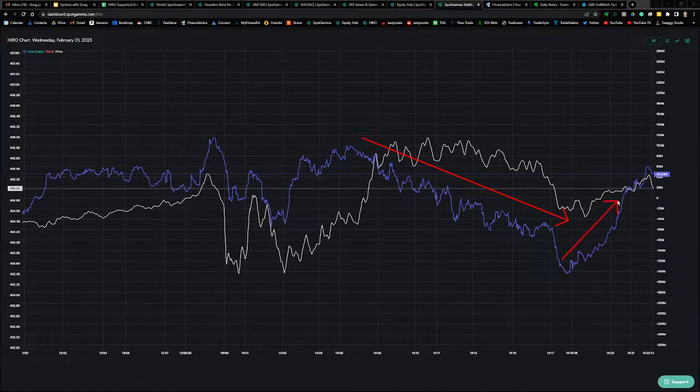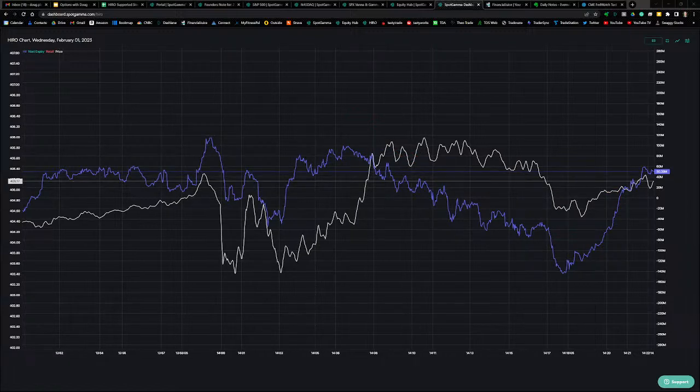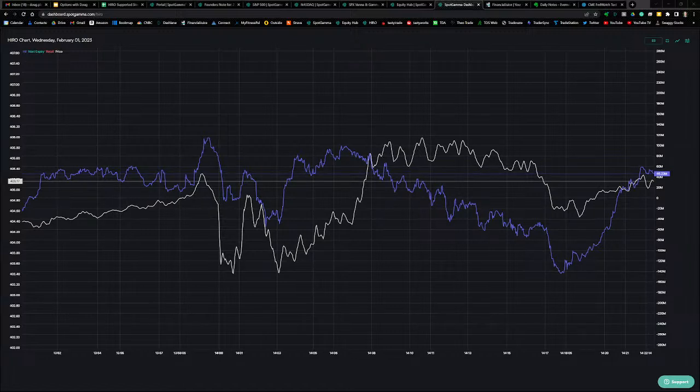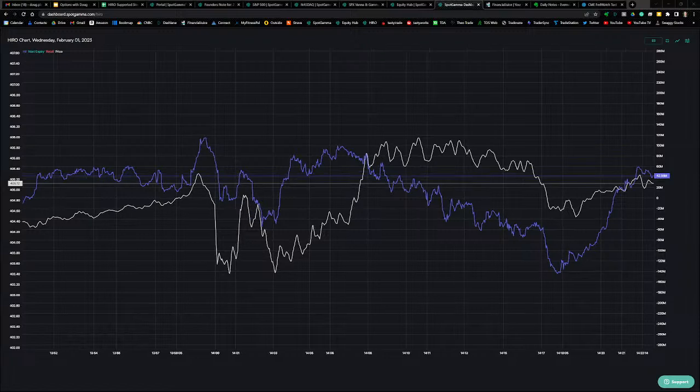Maybe a slight divergence here, but not much. Let's go back to Bookmap.